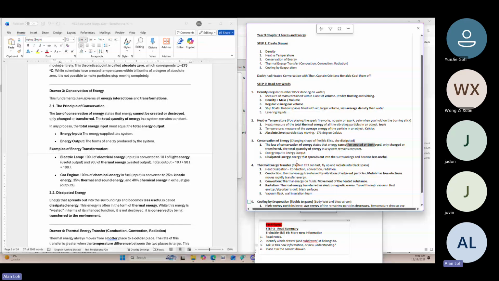I took Elise as the subject to make it more interesting for Injie. We are changing the shape of a flexible Elise. Imagine Elise is right in front of us, and we change her from a human shape into a box, into a circle, into a diamond shape. She is so flexible. She can change into different shapes and forms and cannot be destroyed.